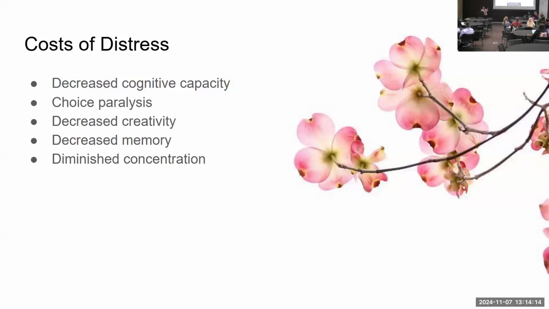Decreased memory. Diminished concentration. Again, these are not all of them, but when you are in an environment that is distressing, that has substantial stressors that you have to deal with, you are likely to experience internal problems that directly affect your ability to learn well.